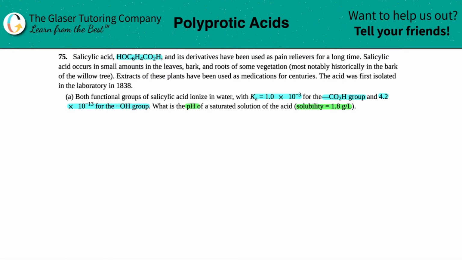And with diprotic acids, you will always work with the higher Ka down to the lower Ka value. So at the moment, we don't even care about the 4.2 times 10 to the negative 13th because the first proton, or the hydrogen that's going to go, is always linked with the higher Ka value. So we can basically call this Ka1.